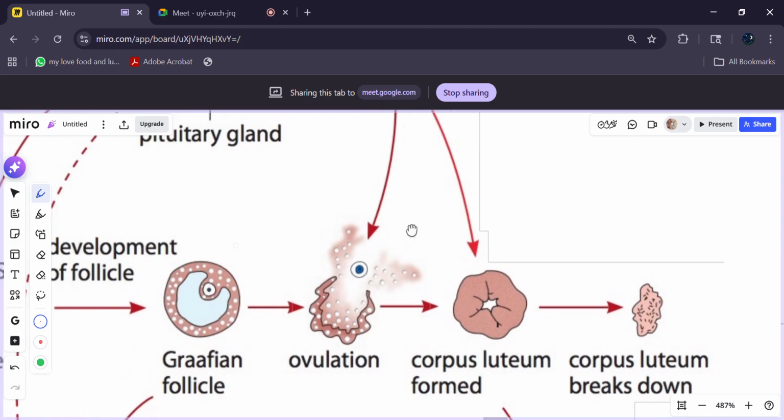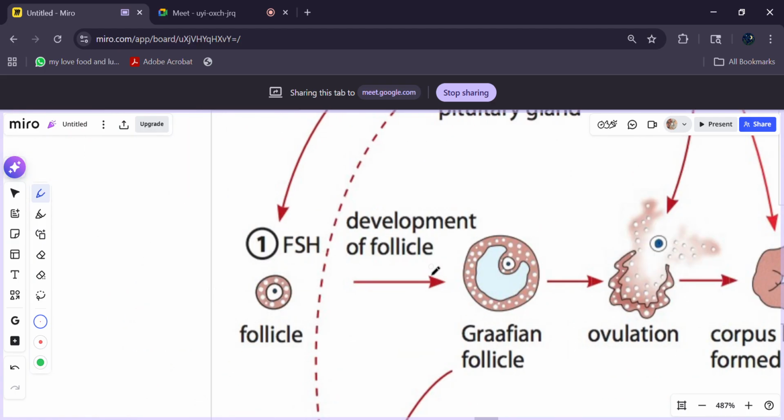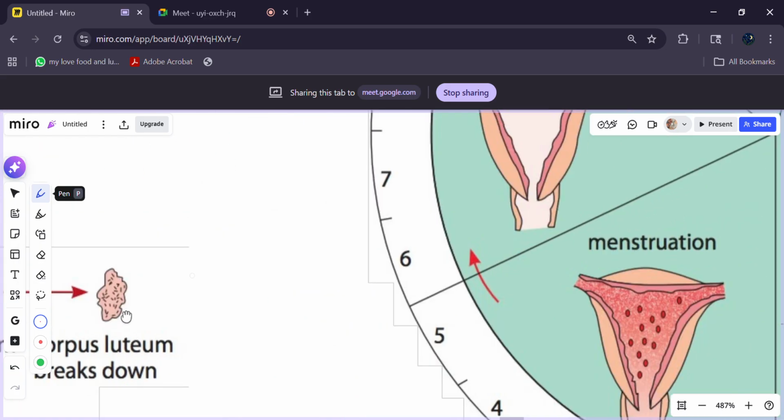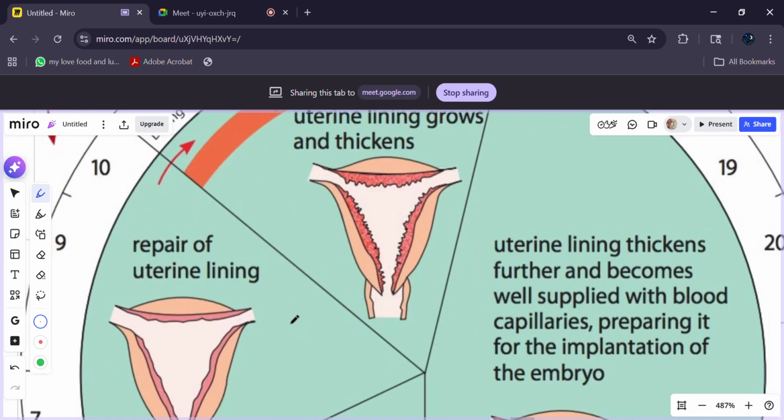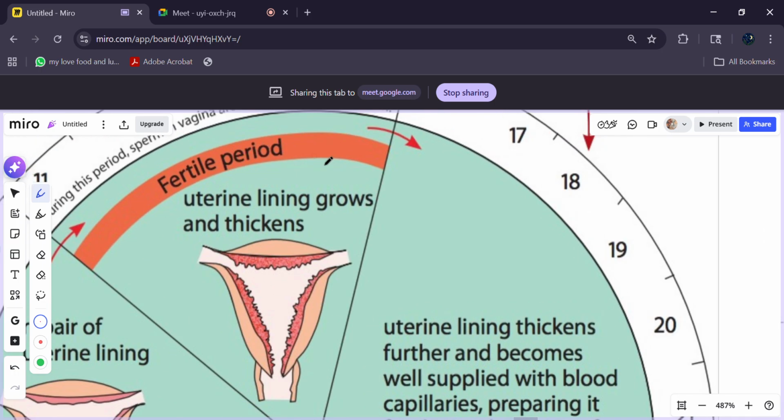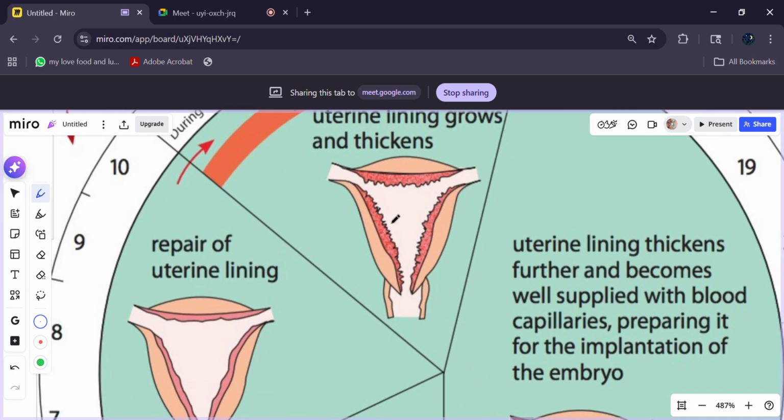So remember the first day, when the uterus lining breaks down because of lack of fertilization. Here, during the second stage, the uterine lining grows and thickens, becoming spongy with blood vessels, and it's the estrogen that causes this repair and growth.